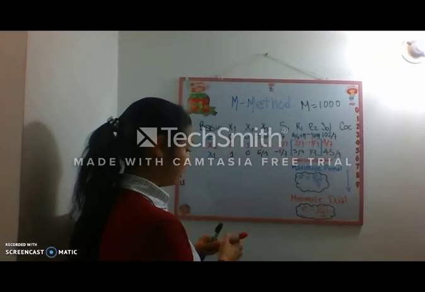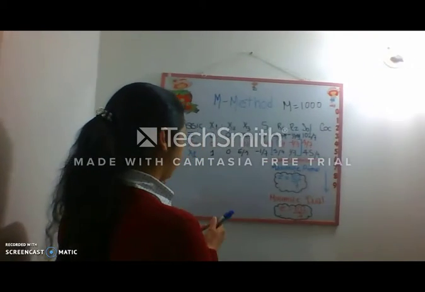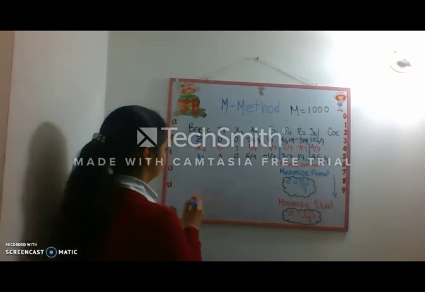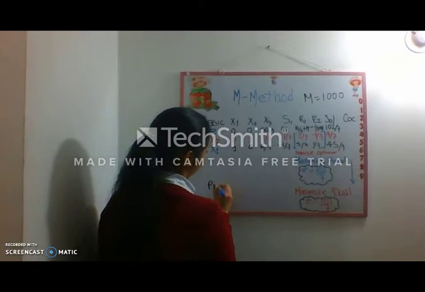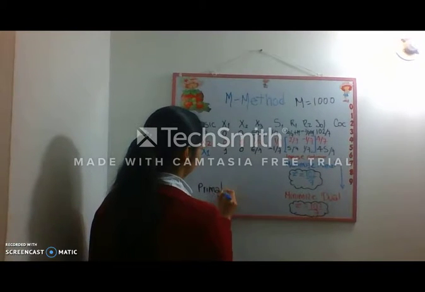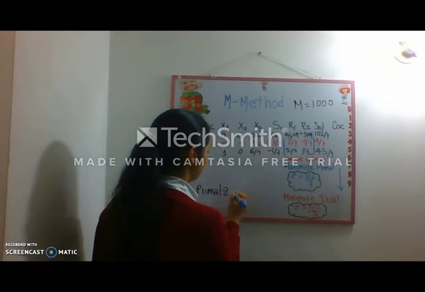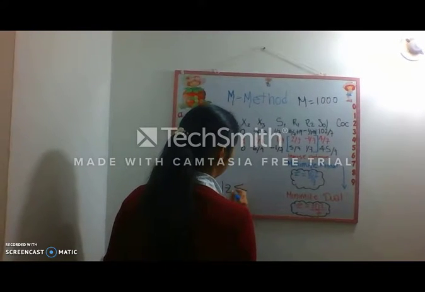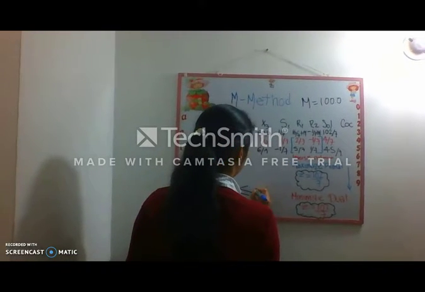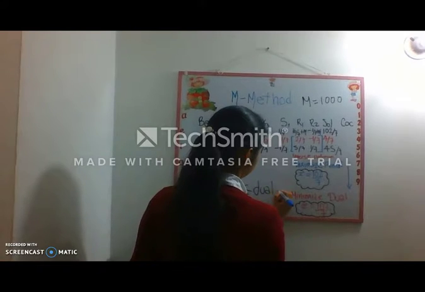The rule says primal C menor o igual a dual.